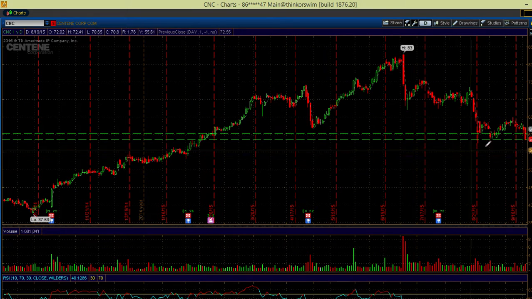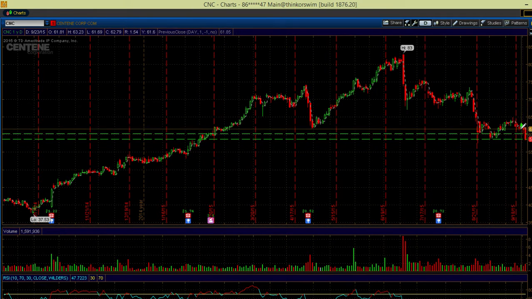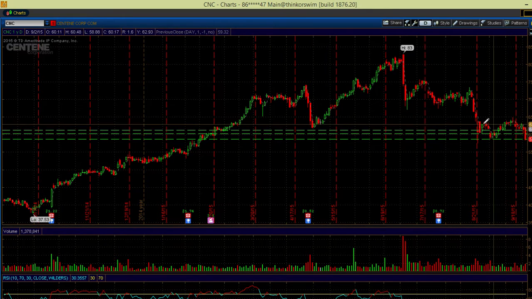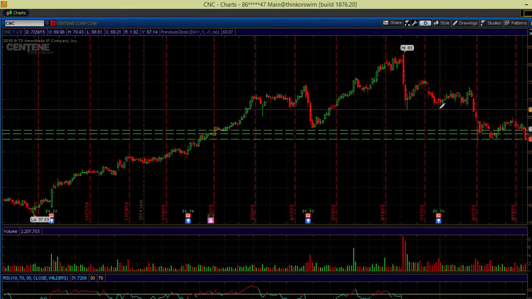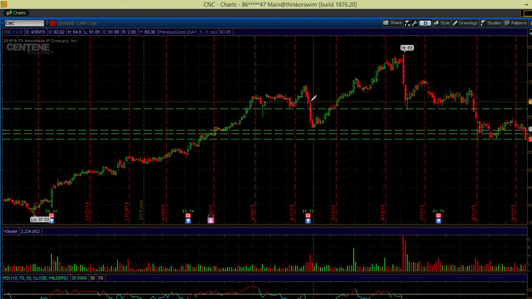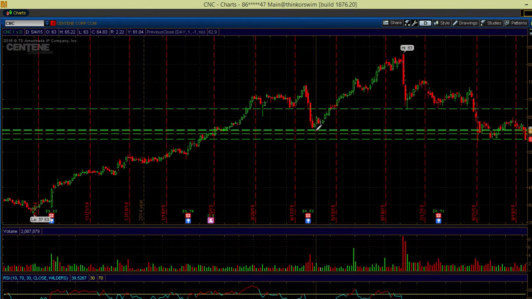So that's what I do, I'll start here trying to find support and resistance, and then I'll move back to these over here. Now this is close enough to this level, so a lot of times I wouldn't draw it, but I'm just going to do it in this case.